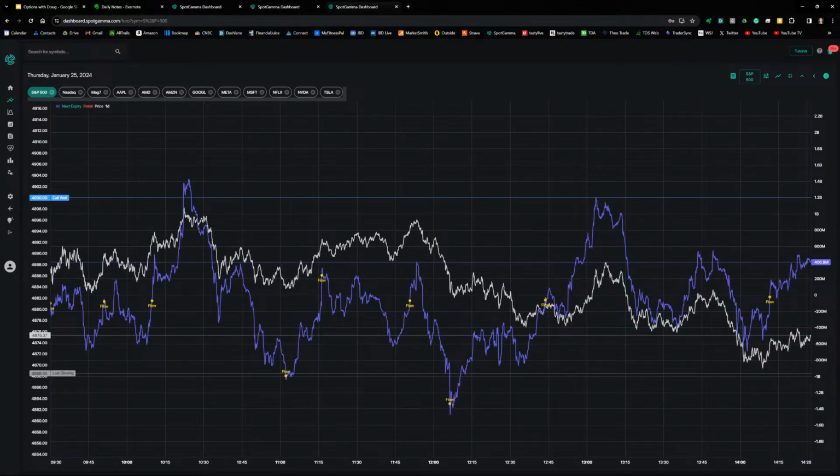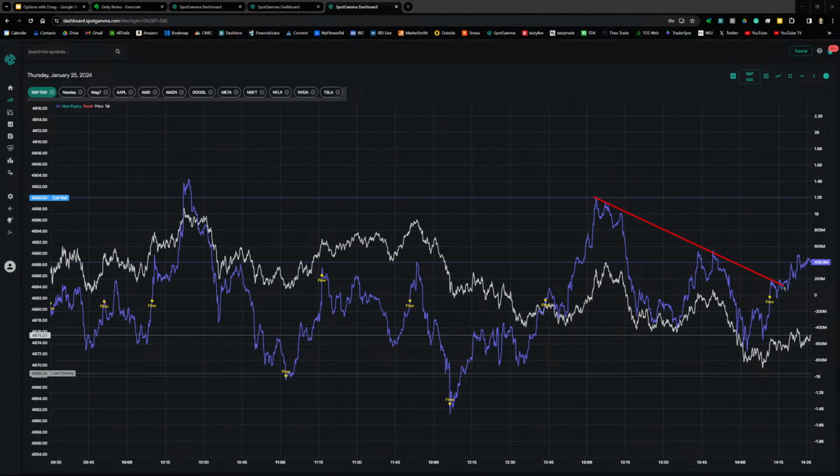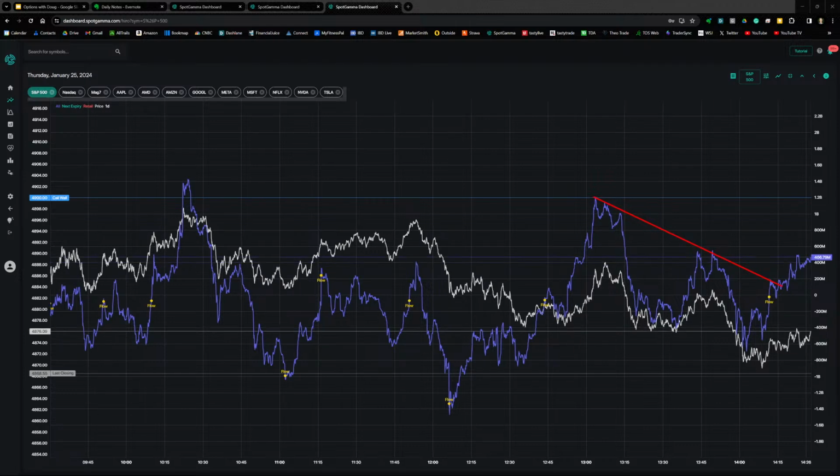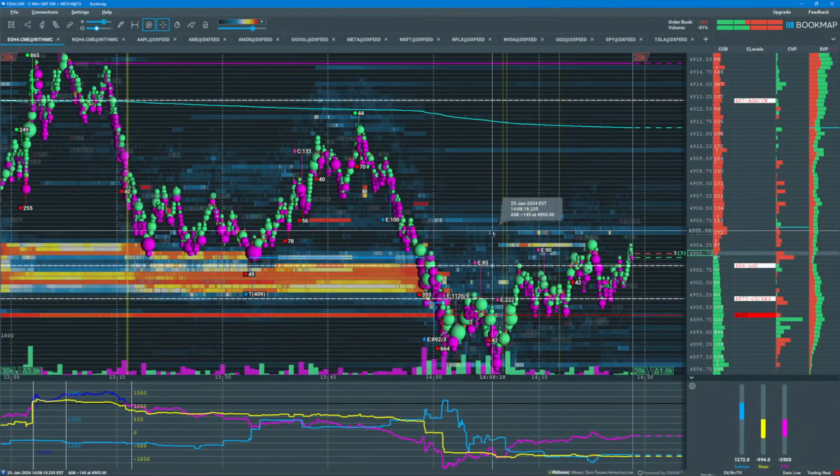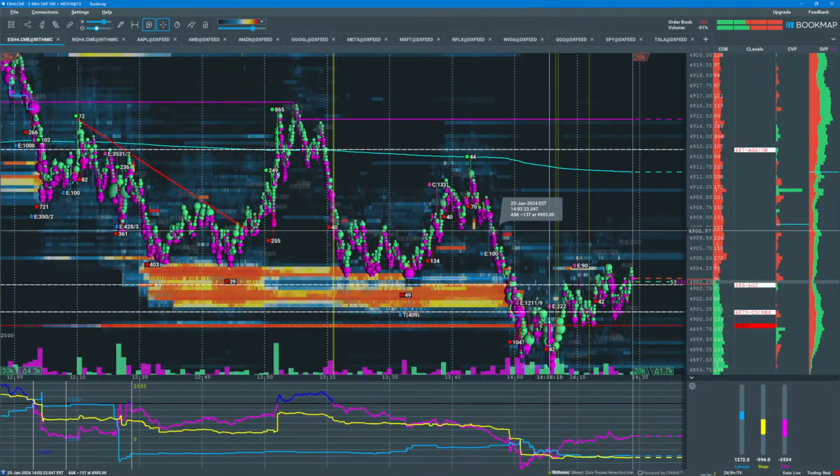It looks like it has kind of broken this trend of lower highs. Flow alert. So it could be a bullish signal for the S&P 500. Zoom back out.